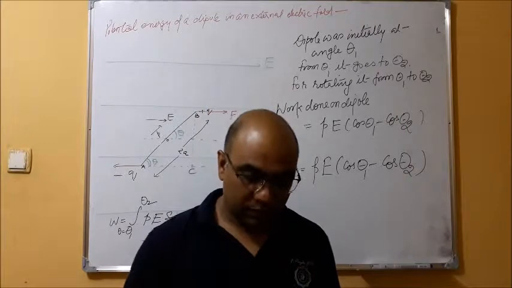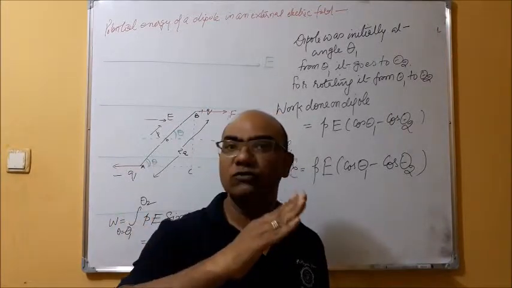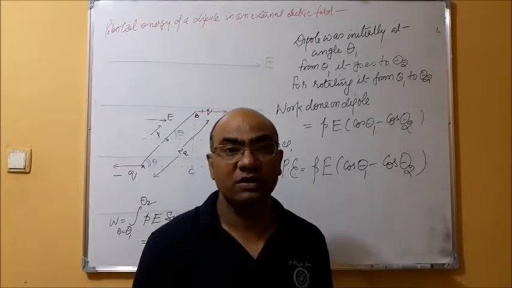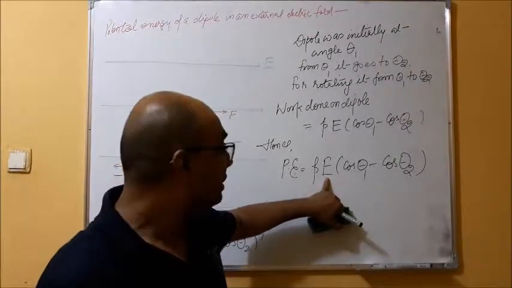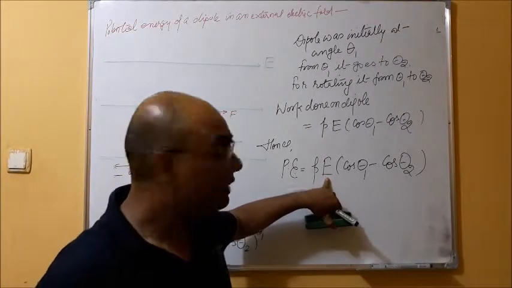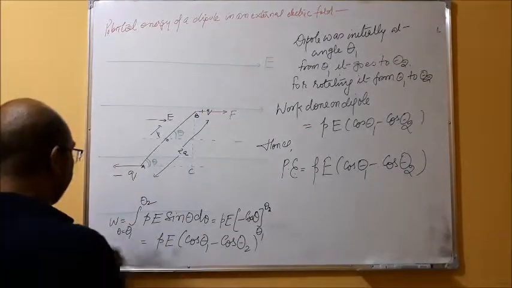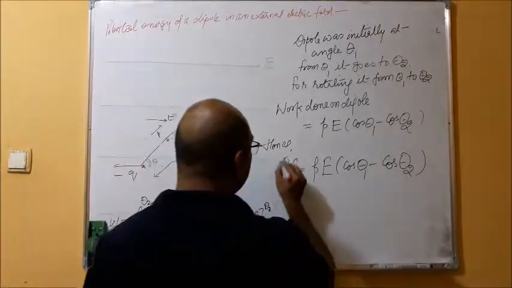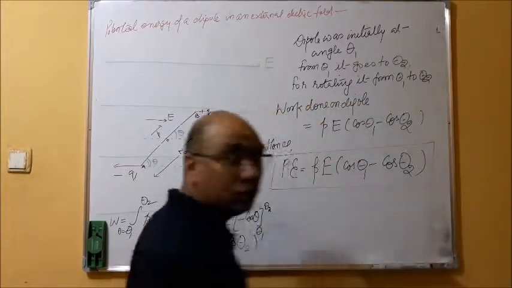So if the dipole is initially at theta 1 and finally moves to theta 2, the potential energy stored in this dipole when it is placed in external electric field E is given by this formula. I hope this is clear to you.